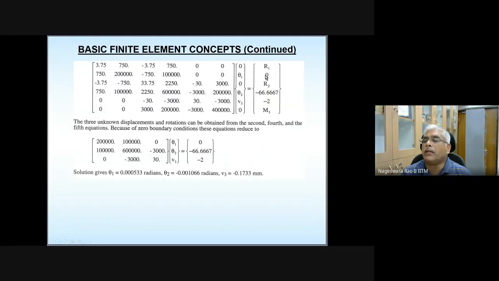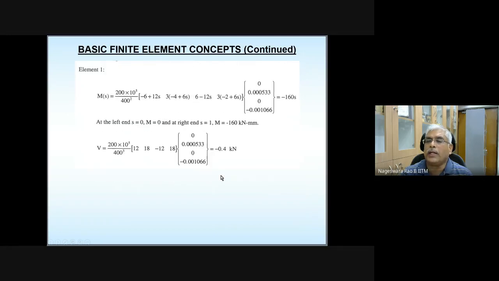Anyway, this is the global equation system. Eliminate those rows and columns and you get the reduced equation system. You solve for the unknowns theta 1, theta 2, V3, and then do the interpolation. Go to each element and do the interpolation.